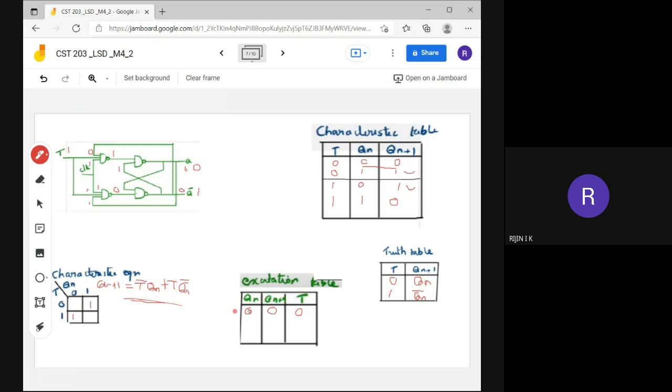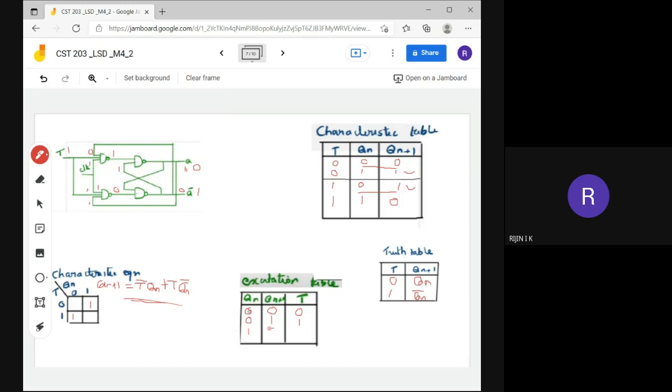Next, assume that Qn is equal to 0 and Qn plus 1 is equal to 1. What is the T value? For 0, 1, it is 1. The next is 1, 0.